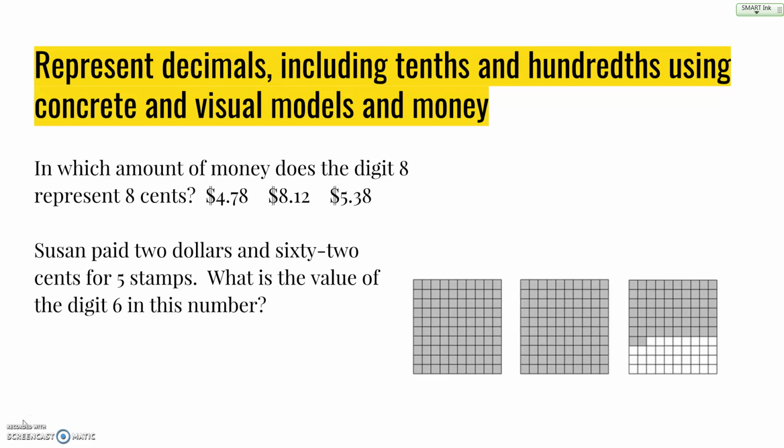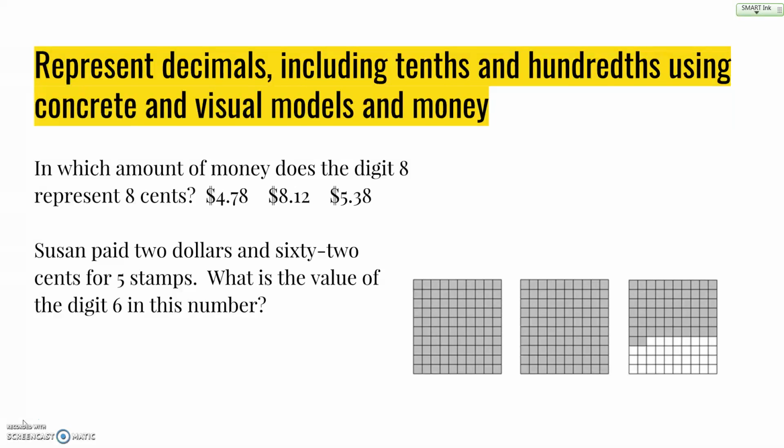For instance, they might have to figure out in which amount of money does the digit 8 represent 8 cents. And there are actually 2 there in the list, $4.78 and $5.38. Susan paid $2.62 for 5 stamps. What is the value of the digit 6 in this number?